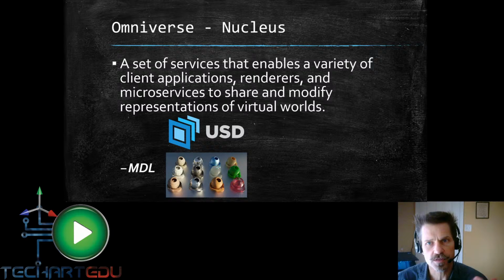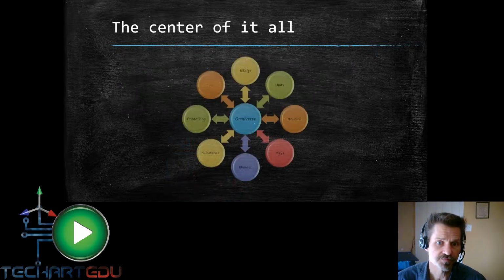Will this replace HLSL or GLSL in the long run? I don't know. Who knows? We'll have to see what they're up to. This is all still in development. They haven't released it yet, but these are concepts they're still playing around with. So that everything in the world is going to be defined as USD and MDL, and everyone will understand what it looks like, and it's going to look exactly the same on any display device.